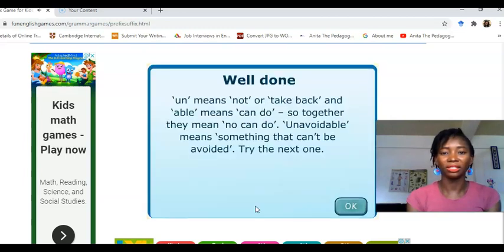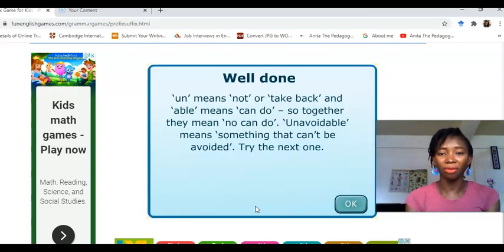So once the student gets this word right, they are quickly encouraged. Well done. And then they are given the meanings of the various prefixes, suffixes, and then the meaning of the word altogether, helping us to achieve the lesson's objectives.